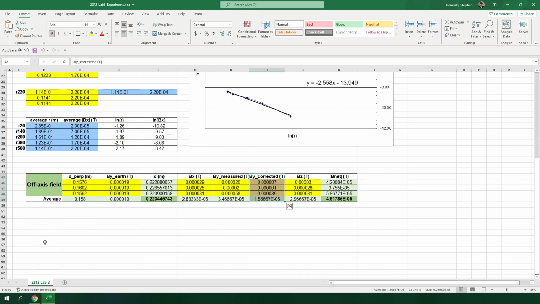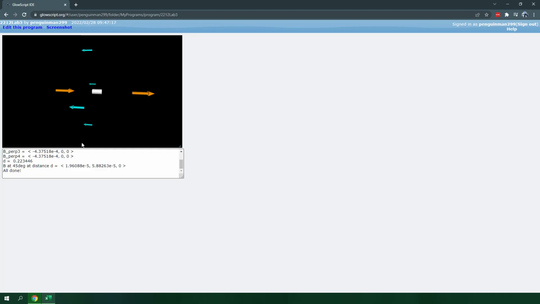And if we go back to our model of the situation, you can see it represented by this magenta arrow right up here. It's a bit off from the rest of it. And you can also see at the bottom calculating the magnetic field at this position.